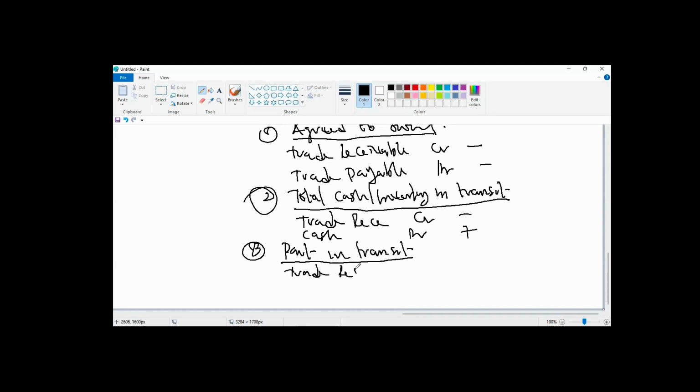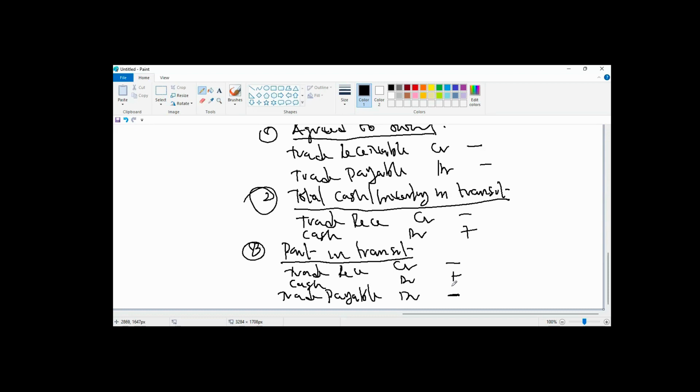Trade receivable, credit minus. The part that is in transit, part of the cash in transit, cash, debit. Trade payable, debit.